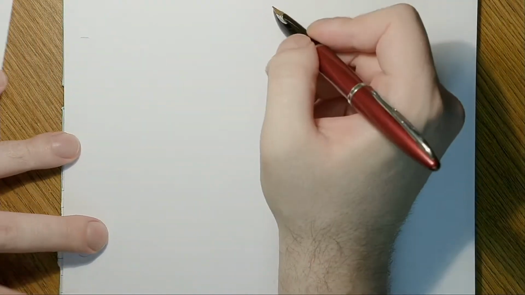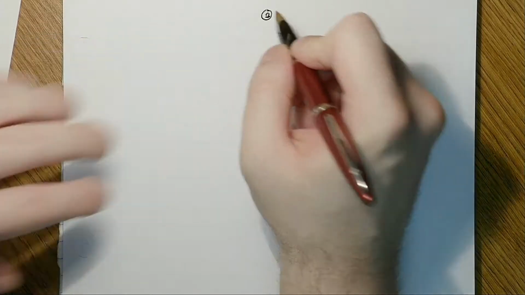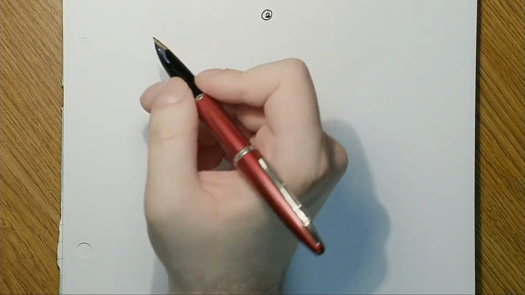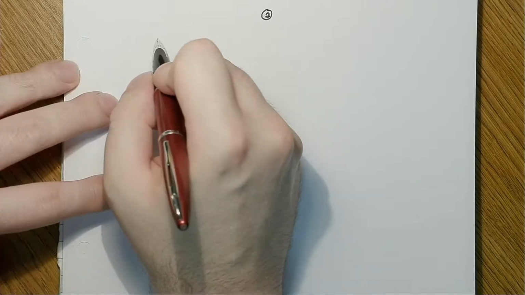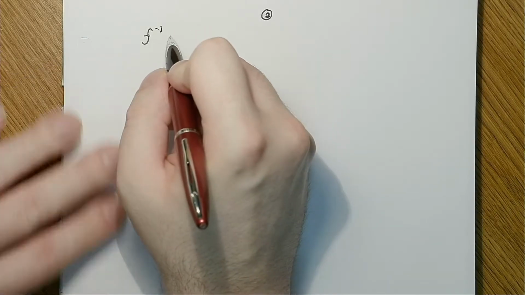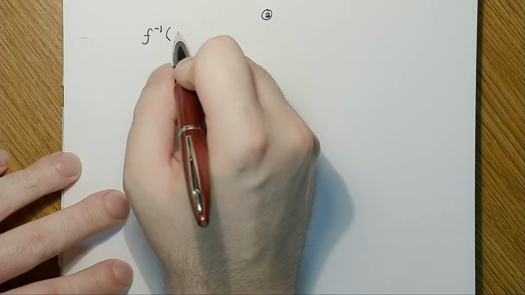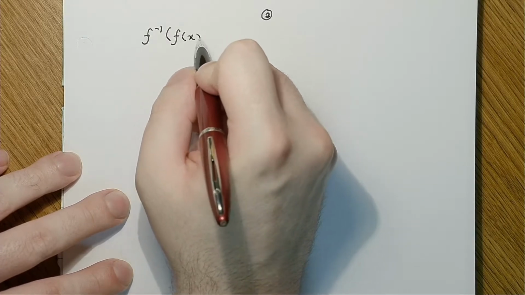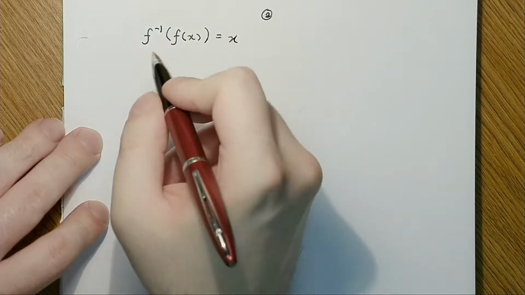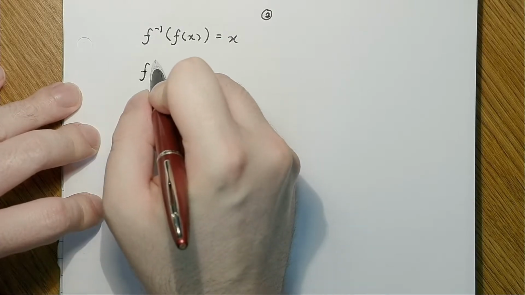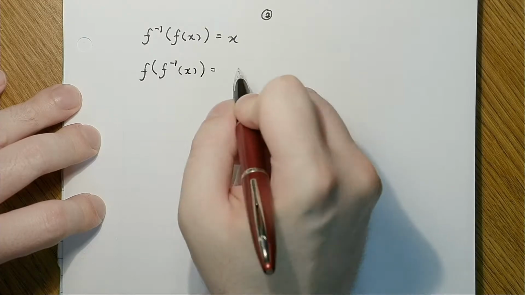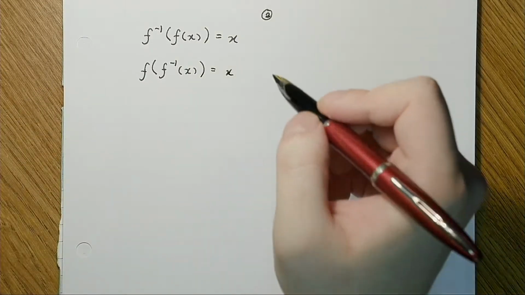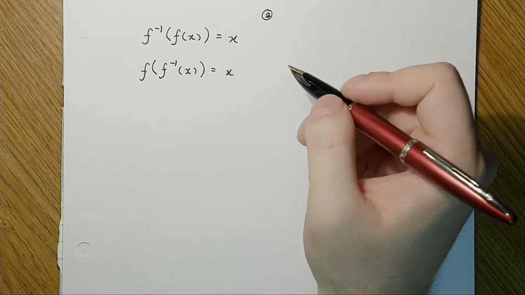So what does that mean? Okay, I'm going to write, I have the two rules then. So I have the inverse of f of x, that's equal to x, and then I'm also going to write the other one.